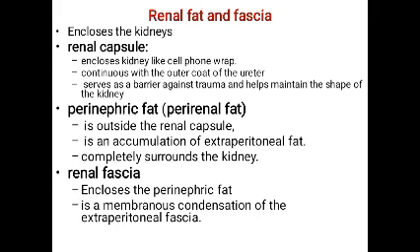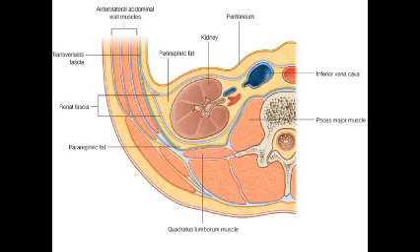Perinephric fat or perirenal fat is outside the renal capsule, is an accumulation of extraperitoneal fat, and completely surrounds the kidney. Renal fascia encloses the perinephric fat and is a membranous condensation of the extraperitoneal fascia. Look at the diagram.